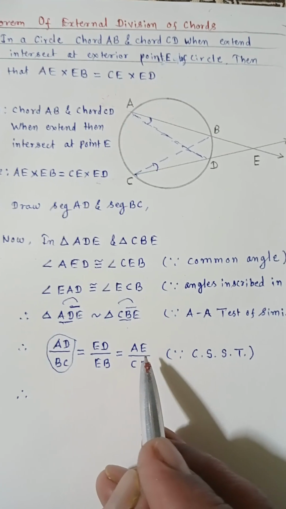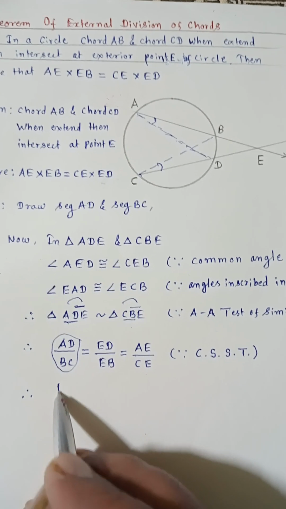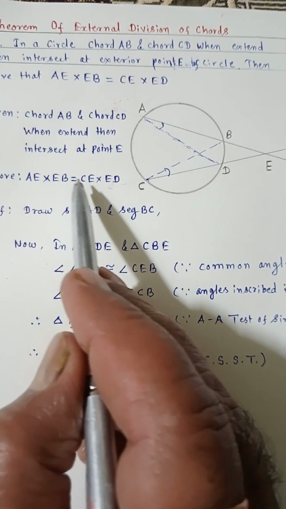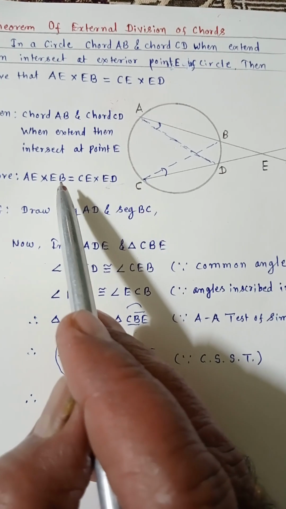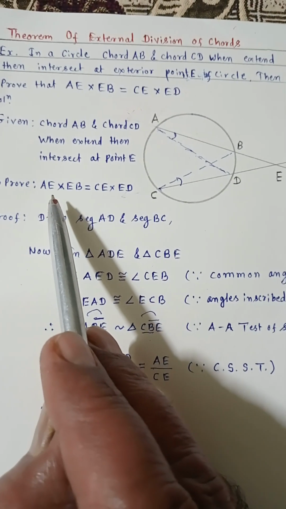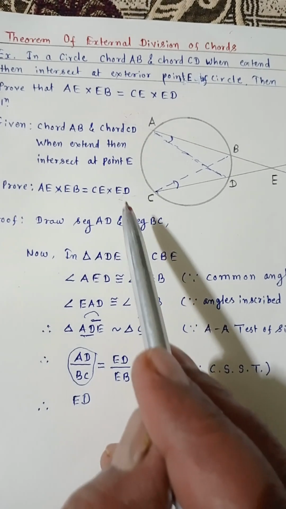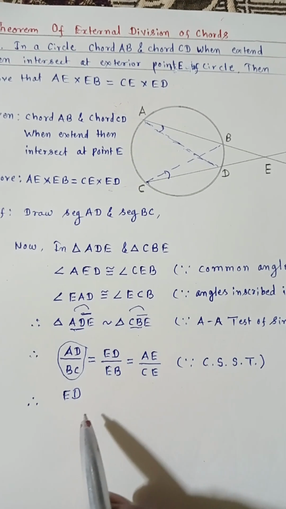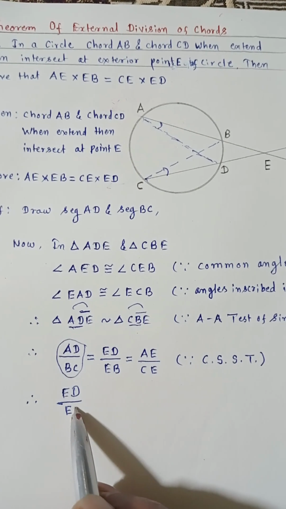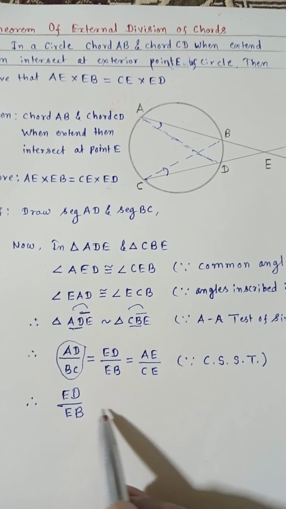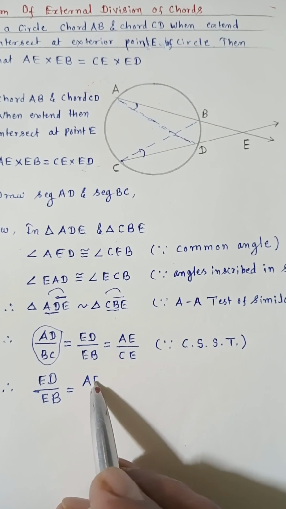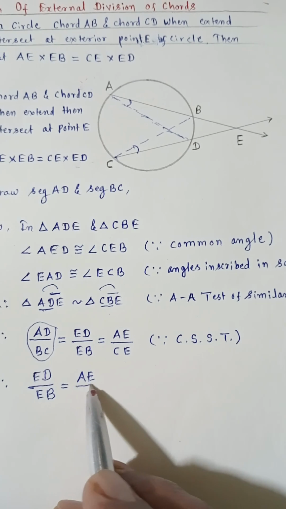We have to take this ratio, that is ED upon EB is equal to AE upon CE, because ED, EB, AE and CE are all in what we have to prove.